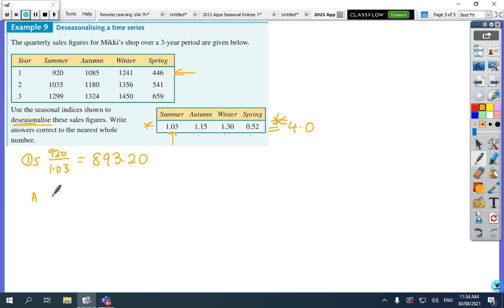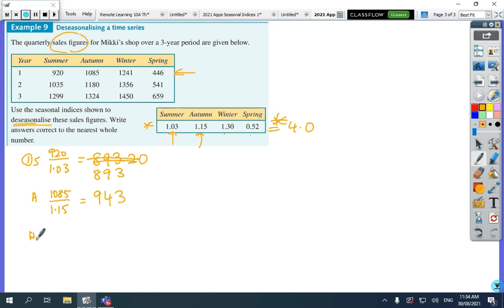In autumn, 1085 divided by 1.15. Actually, we didn't get told they were money, so they're just sales. So I beg your pardon, these are sales figures. So that 893 point would just make it 893, because it's not dollars and cents. It's actually just numbers. So this one is 943.